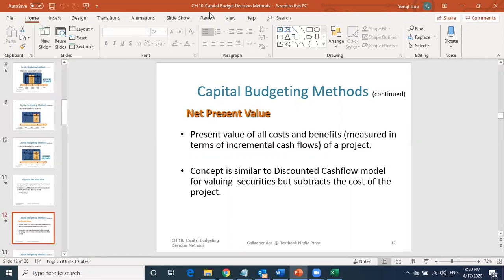The $100 today is worth more than the $100 in the future, right? So you cannot compare that. So basically there are several drawbacks of the payback period. So that's why we introduced the concept called net present value.